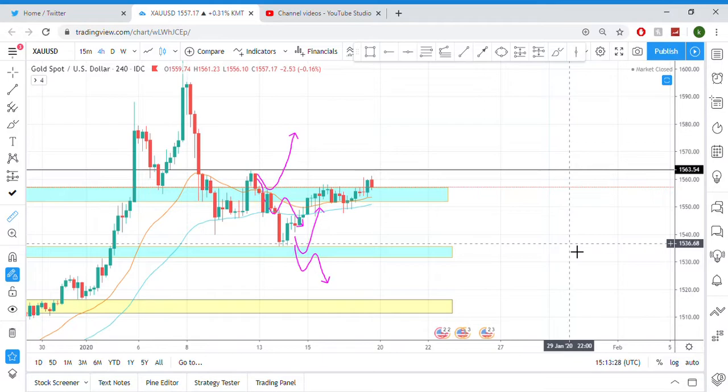It's only these 4 pairs that we watch, but you can apply this method to all of the other pairs, major, minor and exotic pairs, including the commodity pairs as well.